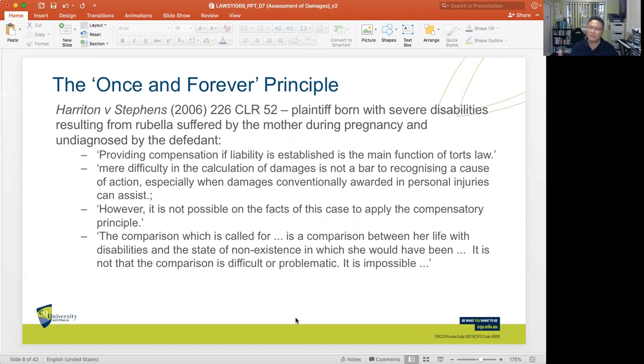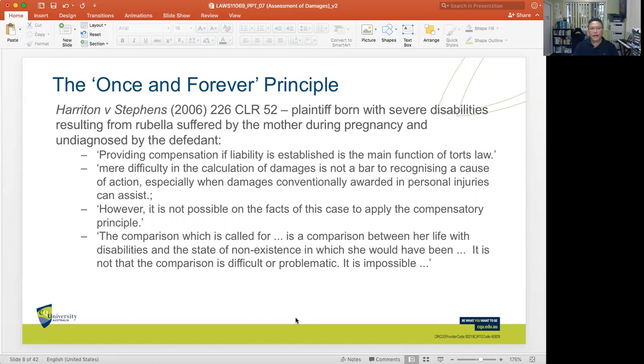So if you follow the case of Katanak versus Melcher, the plaintiff could potentially have been successful in saying there should be damages awarded for the costs of raising a child who has suffered severe disabilities, because the pregnancy would have been unwanted had the mother known that the child would be born with severe defects.